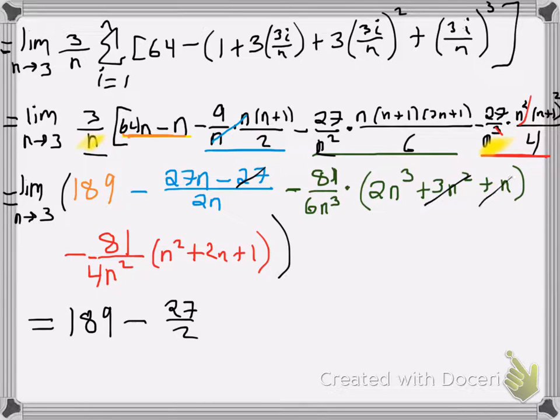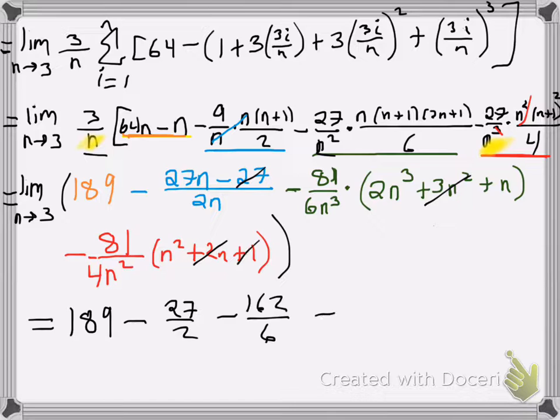Then over here on the green portion, these have exponents smaller than the n cubed, so as n goes to infinity, they're going to go to 0. The only one that matters is the n cubes, which are the same, so what we'll have is 81 times 2, which is 162 over 6, left over when we take that limit.